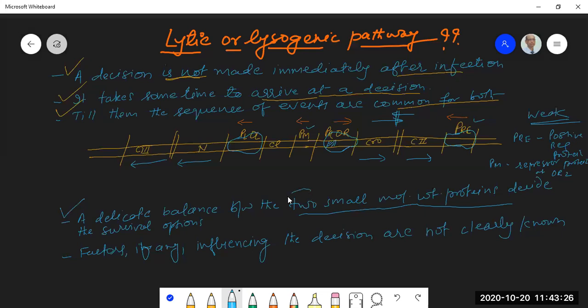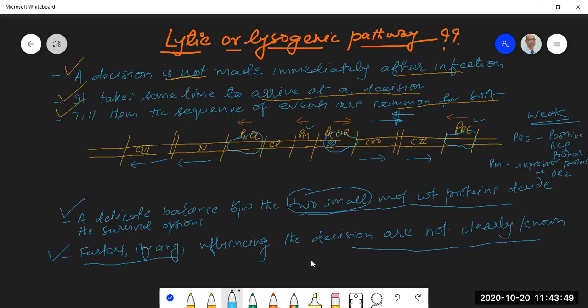Two small molecular weight proteins decide the survival option. And factors, if any, influencing the decision are not clearly known. Please remember, if there are factors which influence this decision making, we really do not have any clear idea on that. Okay, what could be the factors?